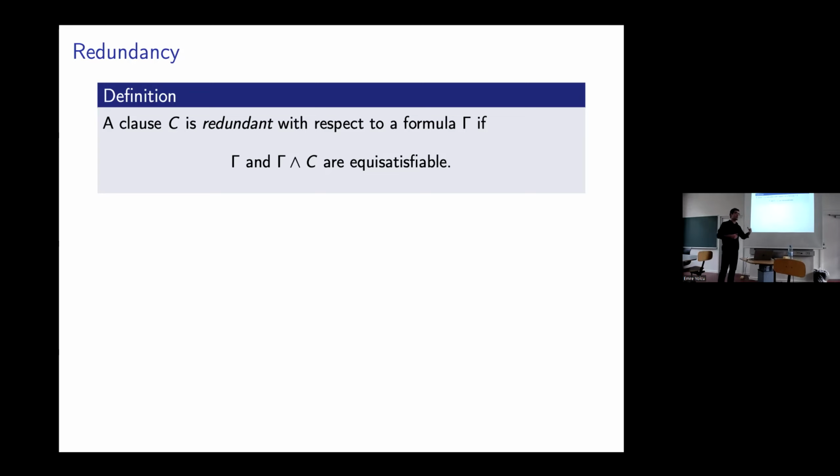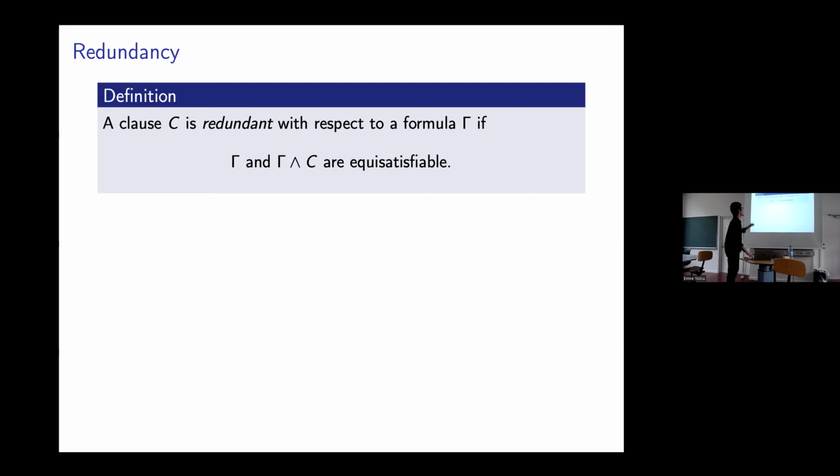So any assignment to all the variables that satisfies your formula also has to satisfy anything that you can derive. This is a more relaxed notion. It just says that if there is some assignment that satisfies your formula, then after you add this extra clause to your formula, there is still some assignment, not necessarily the same one, maybe a different one, that satisfies the formula. And this way, you are allowed to derive clauses that are not implied.